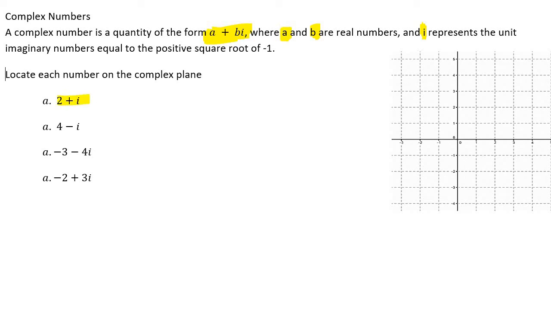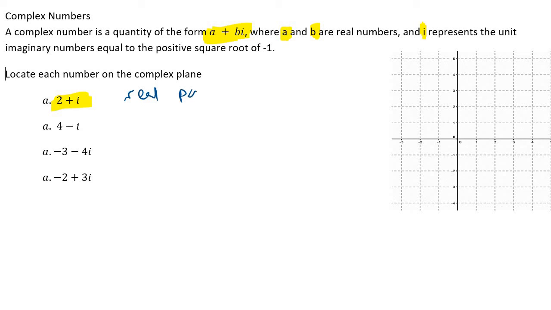So here's an example of a complex number, 2 plus i. It has 2 parts. It has the real part, and then it has the imaginary part.